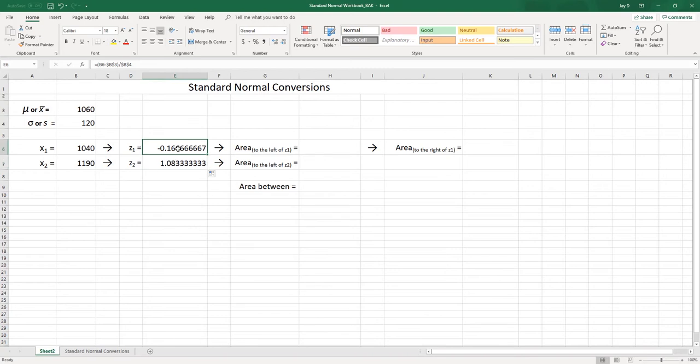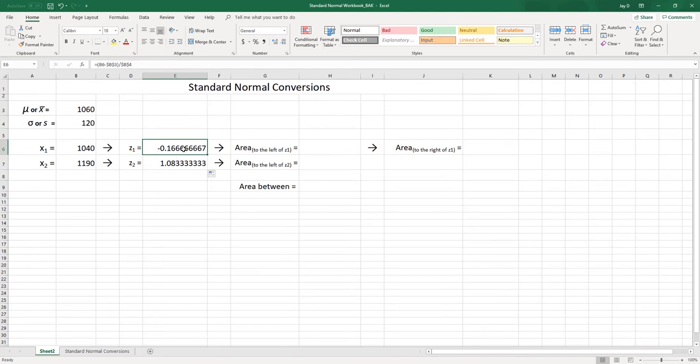Before I go to the diagram also, let me explain something that hopefully will make sense to you. If I take a look at 1060, and remember, I brought that 1060 all the way down to 0. I just shifted the whole curve over. Since 1060 is 0, and here I have an x value of 1040, the question you should be asking yourself is, does this negative z value make sense?